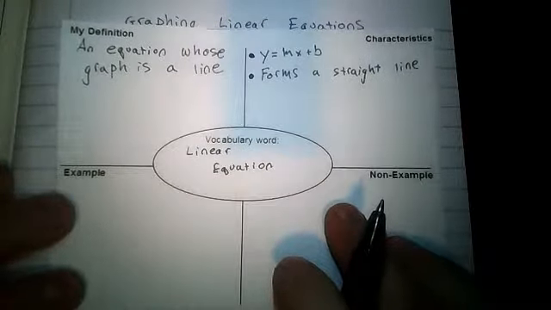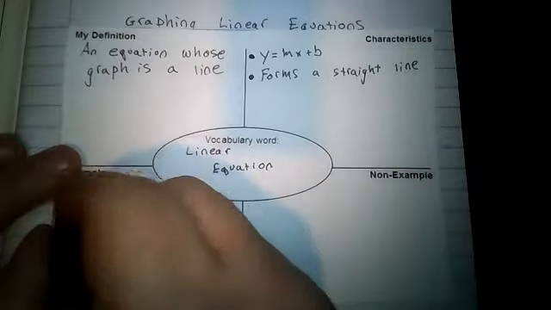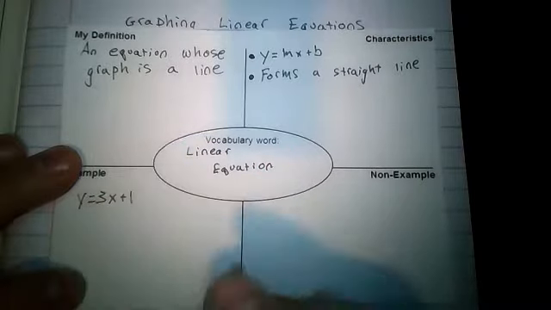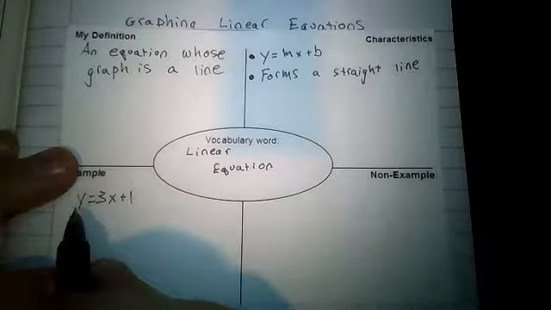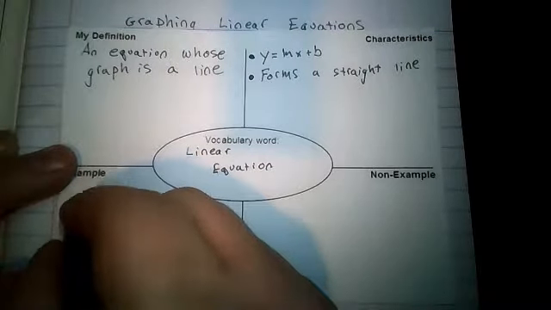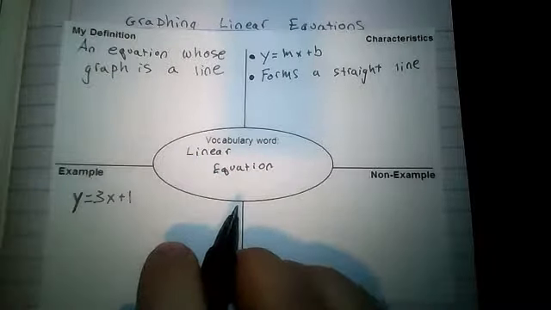Some examples of linear equations: y equals 3x plus 1. As soon as we have two variables, we've got a y and an x. That is the most common that you'll see here for 8th grade math.